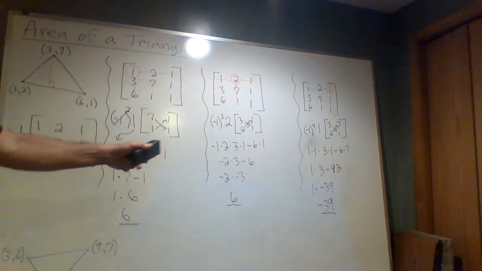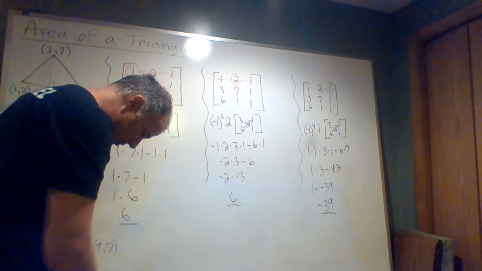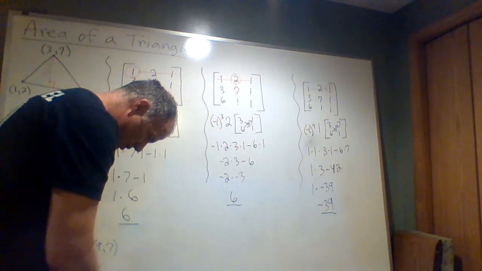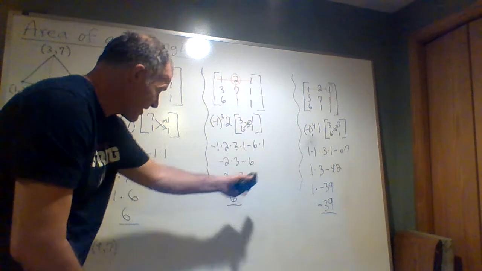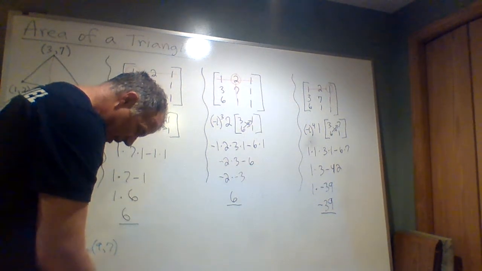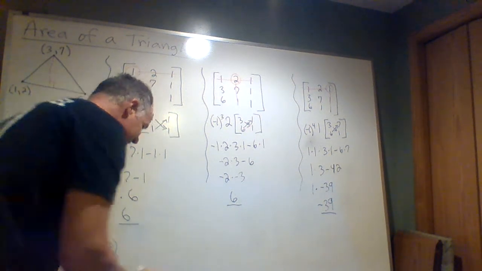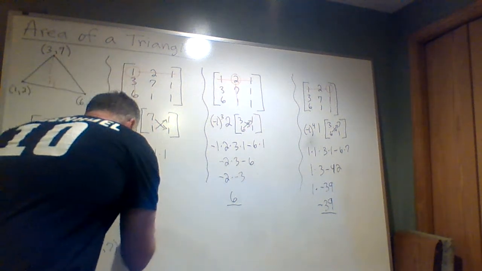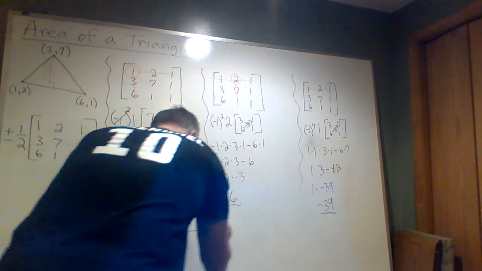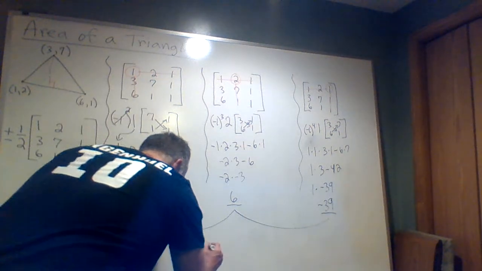So 6 plus 6 is 12. 12 minus 39. So 6 plus 6 is 12, plus negative 39. All of those together make negative 27.